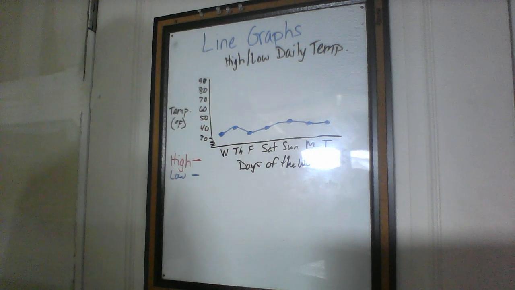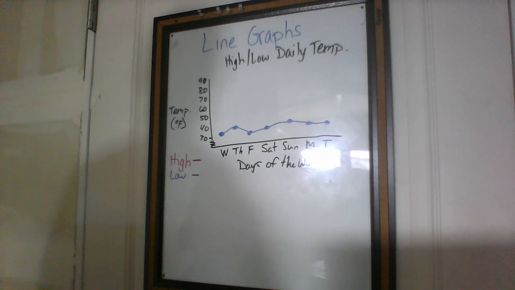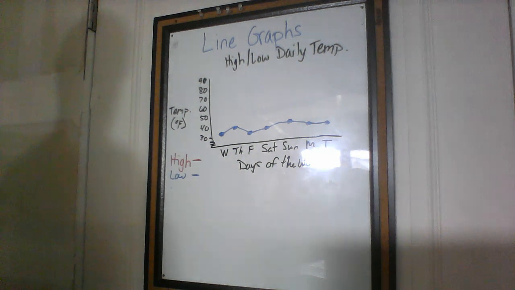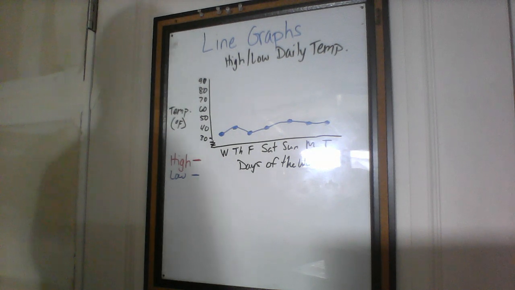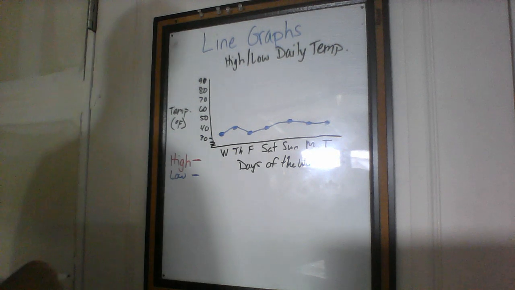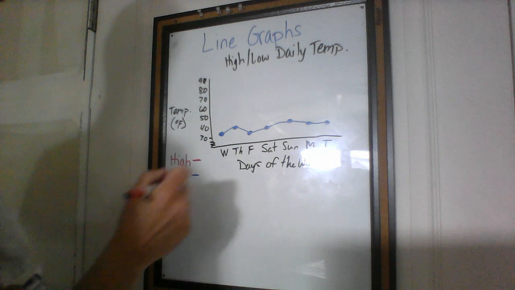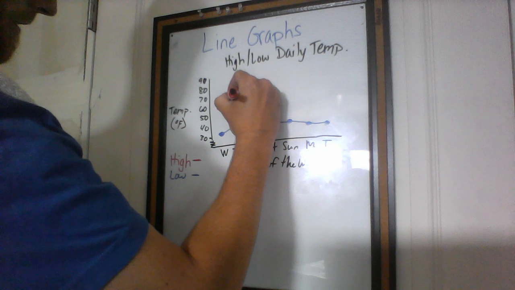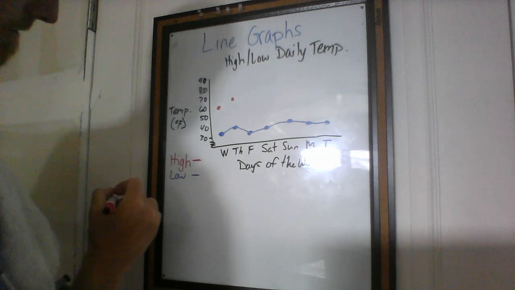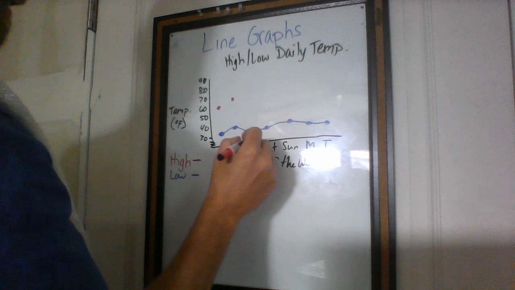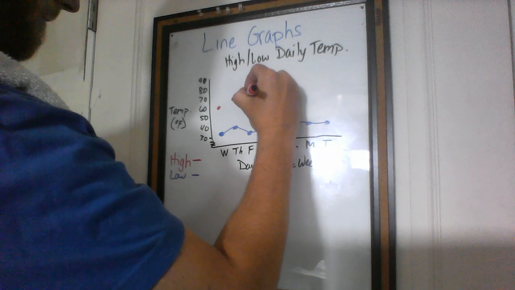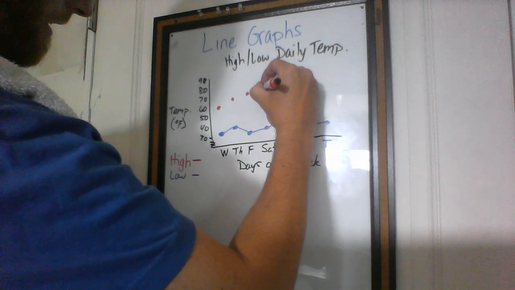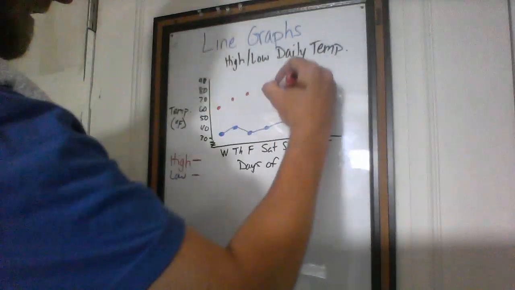There's the line piece of the graph. Now the high temperatures. Again, I'm just getting these in here so you can have an idea. When you do your actual graphs, I'm going to expect a lot more clarity in being able to recognize numbers. Wednesday, it's supposed to be about 60. Thursday, it went up, close to 70. Friday gets even a little bit warmer. Saturday, a little bit warmer, close to 80.